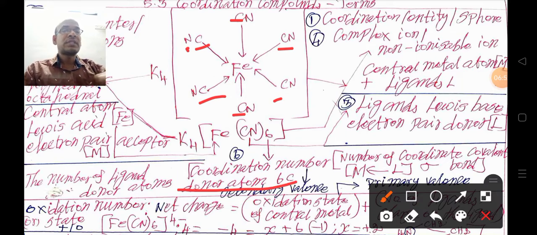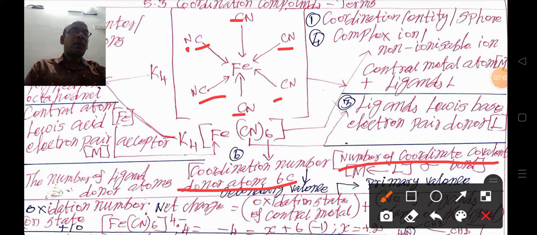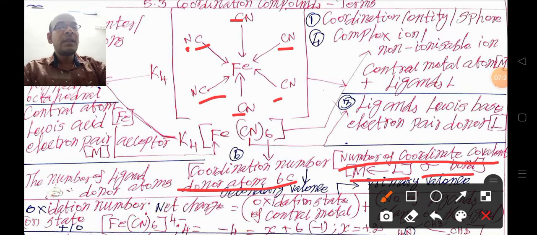Also, the second definition for the coordination number is the number of coordinate covalent bonds, which are sigma bonds. That is the ligand to metal coordinate covalent bond.